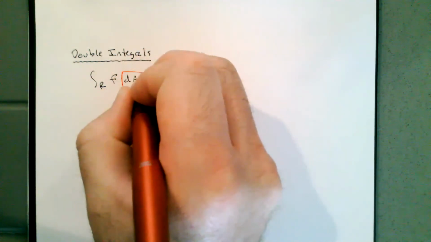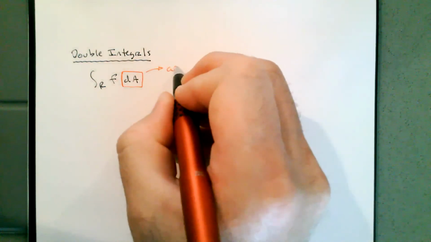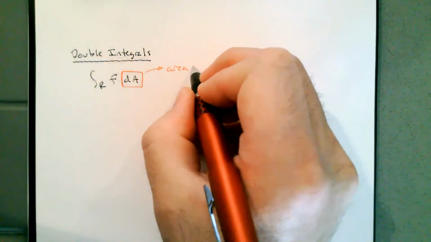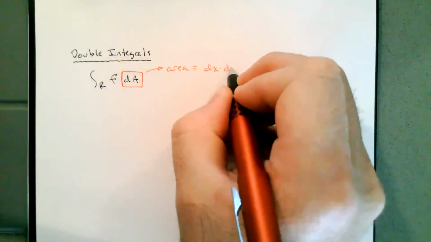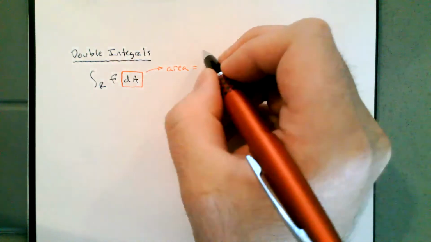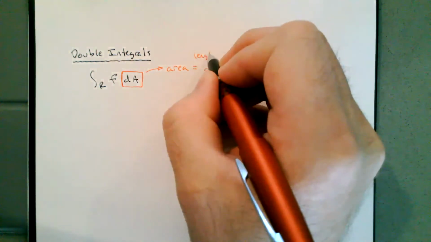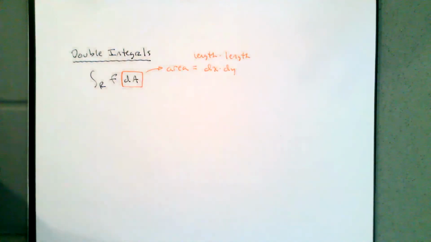So the dA, it's an area where we have a dx times a dy. We have a length times another length. I could call one of them width, I guess. But they're both lengths, or they're both widths.